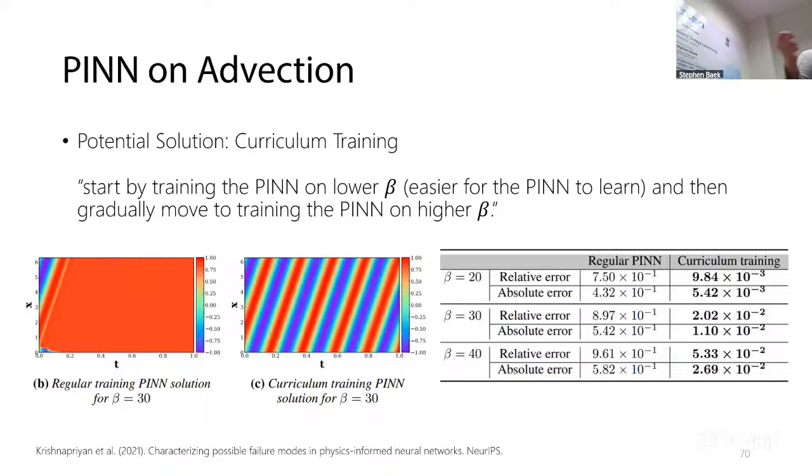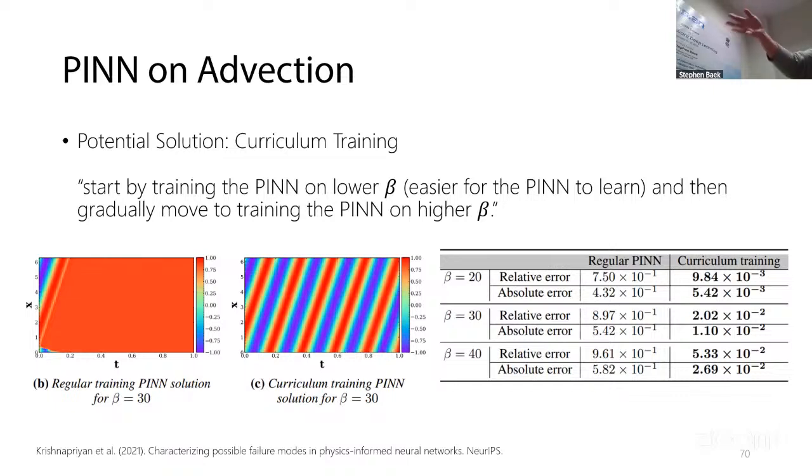And then you increase beta by a little bit. So let's say instead of 10, now beta equals 15. Generate the data, right? And then present beta equals 15 to PINN, and start from the previous training session. You update the model, and in that way you make PINN predict beta equals 15.